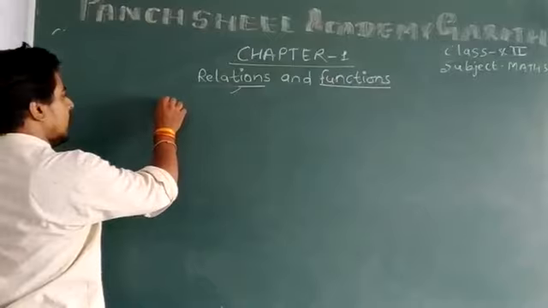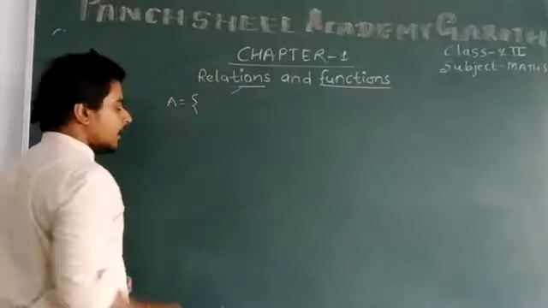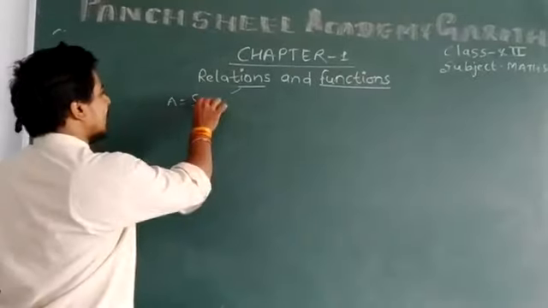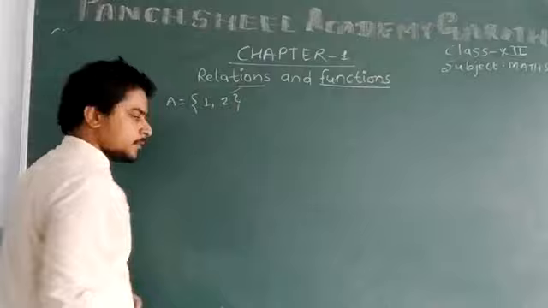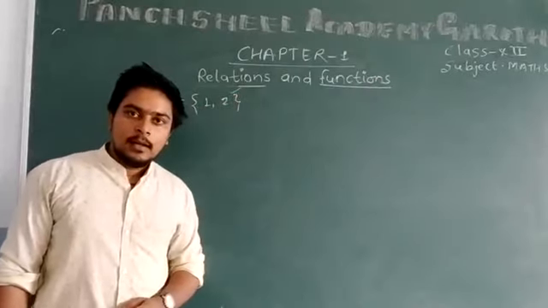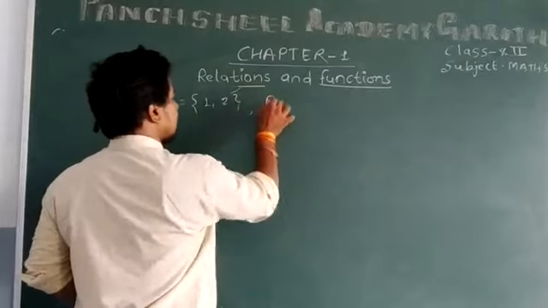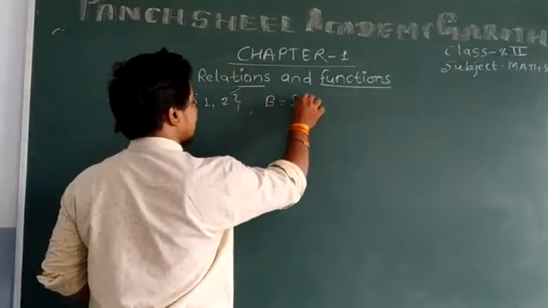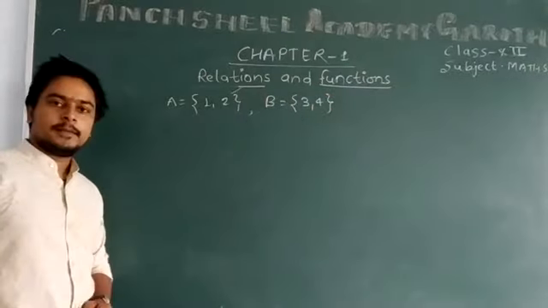Now, take any set A. If A contains two elements, that is 1 and 2, again we take the next set B that contains the elements 3 and 4.